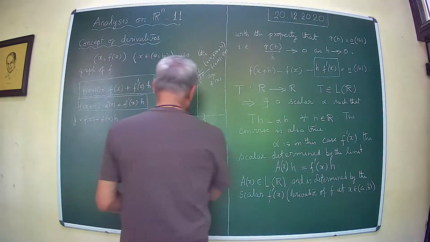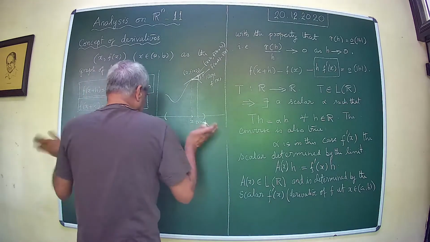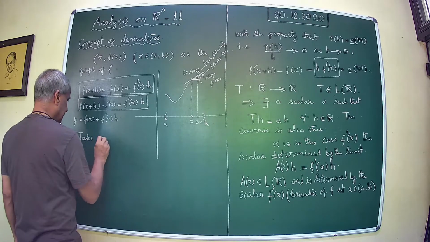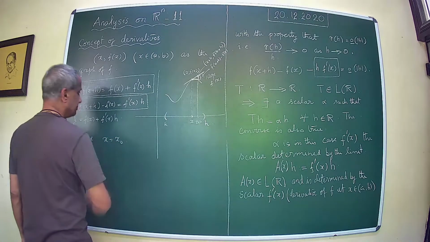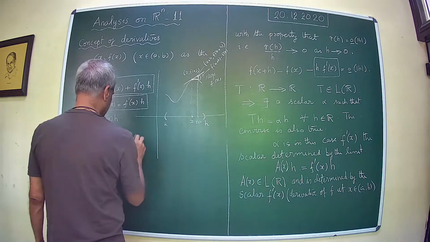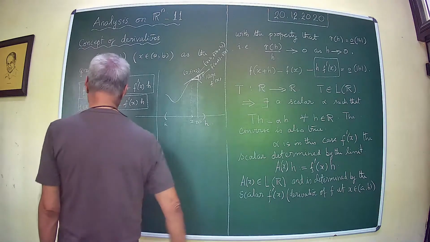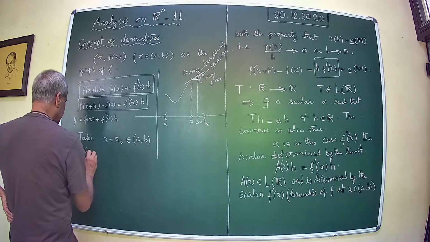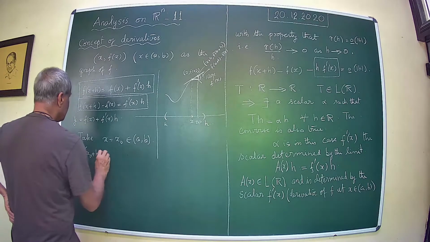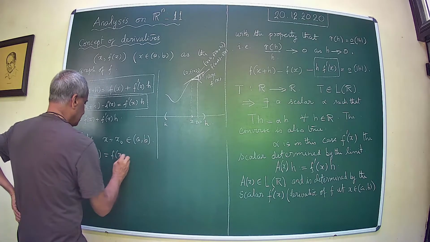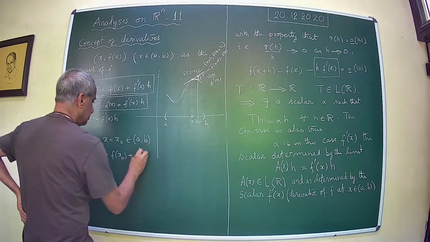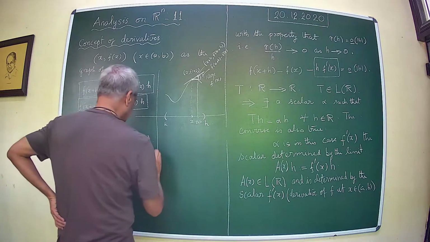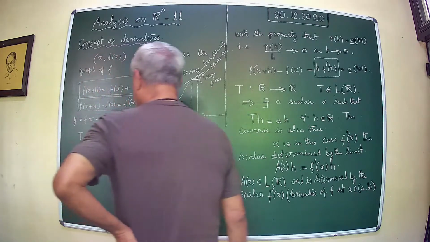Maybe if you are getting confused with this variable x coming all along, now take x equal to x naught. Then what do you have? You have f of x naught plus f derivative times h. What is h?